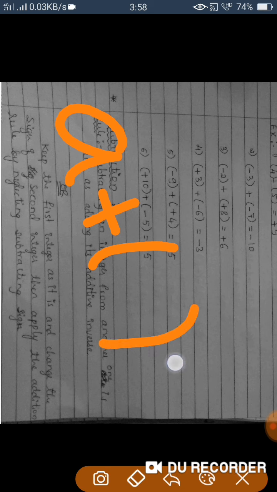Additive inverse means if you add any two integers, you must get 0. I'll take an example here. If a plus some number gives 0, which is that number? That is the inverse of a. Which number will you add?